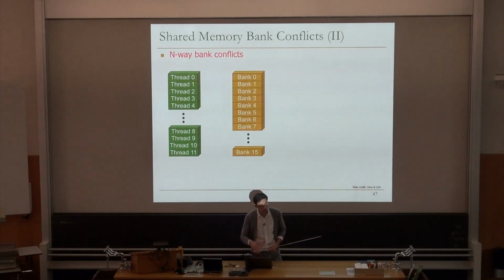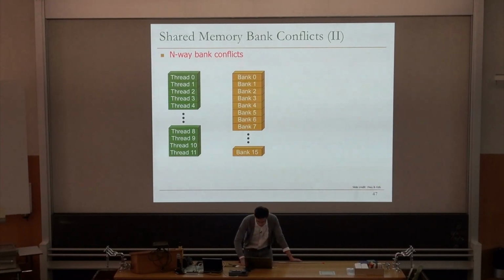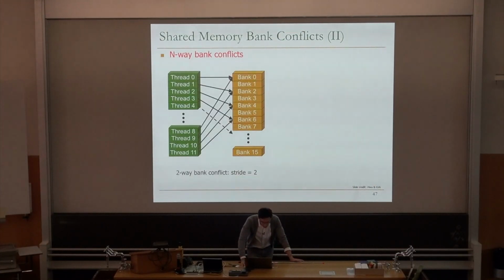But it will be very frequent that we have bank conflicts, and we will talk about n-way bank conflicts. What is n going to be? It's going to be the number of threads that are reading or writing from the same bank, as long as they are not reading or writing to the same memory address, the same memory position.